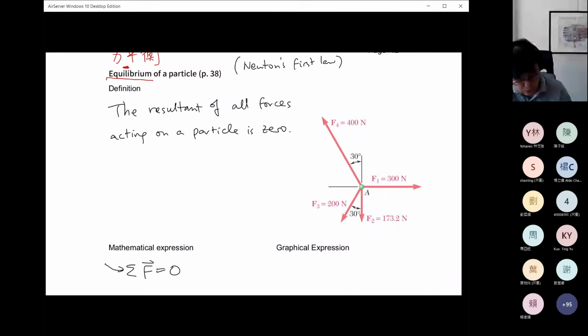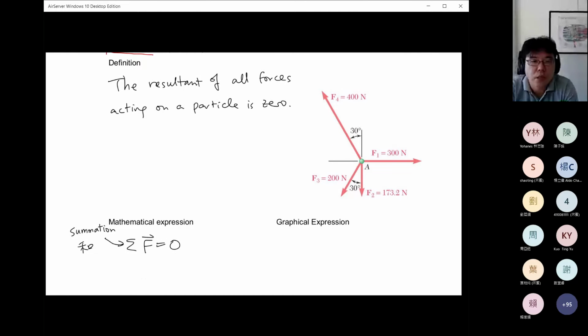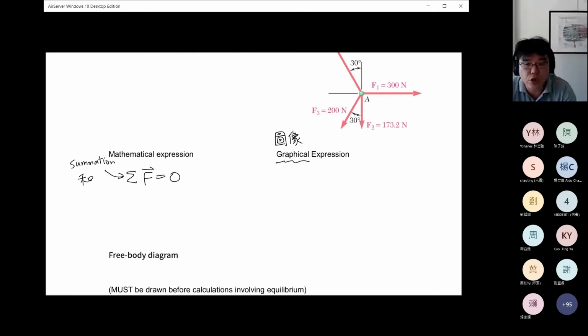This one is called the summation. If you have all forces added together, it is equal to 0. In English, it simply means summation. And in graphical expression, we can put one force after the other.